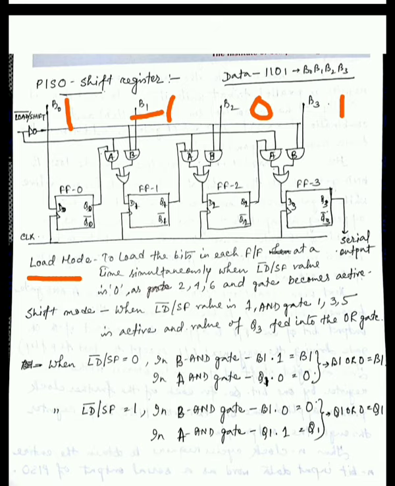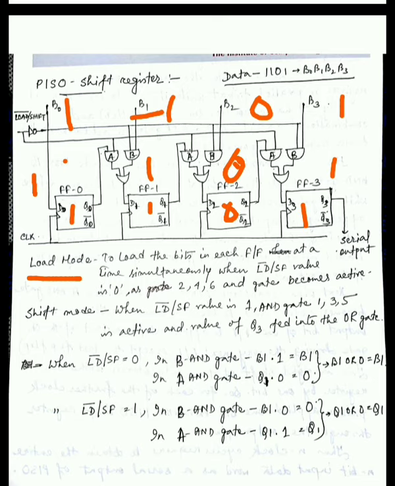So when the B gate is active, 1 goes directly, 1 1 0 1, and this is fed into the flip-flop here whenever the B gate is active.